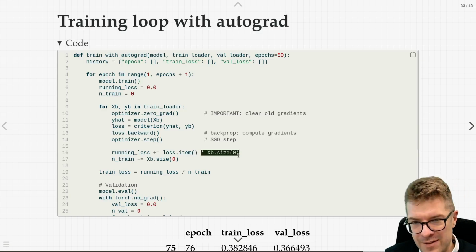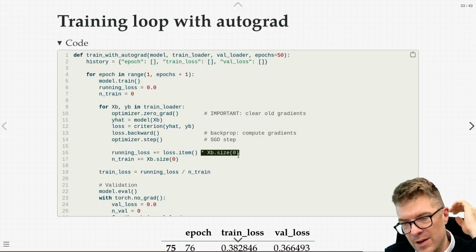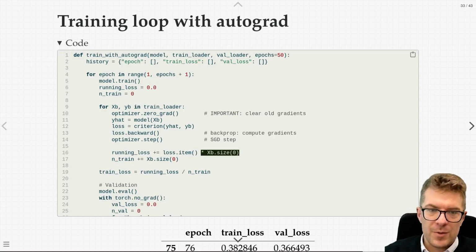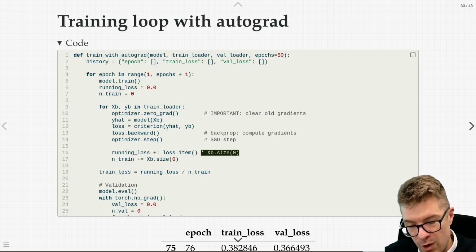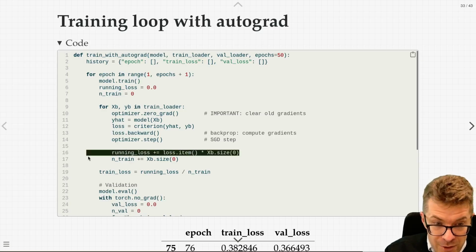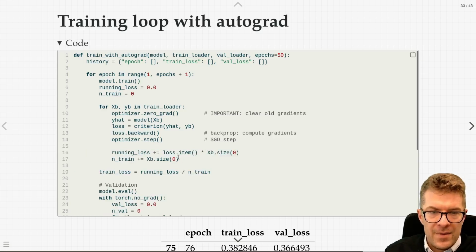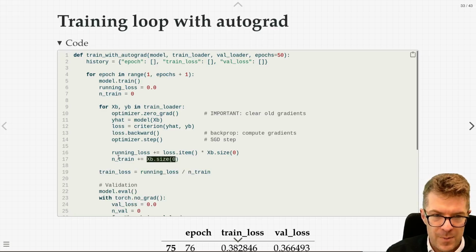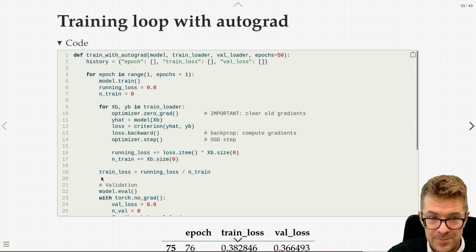Remember way back when, many slides ago, we had the derivative of L with regards to our weights connected to our inputs times the actual inputs. That's what's going on here, and then I just keep on adding the number of training instances I've seen. XB is our batch, size 0 is the number of elements of that batch. I keep on adding to it.